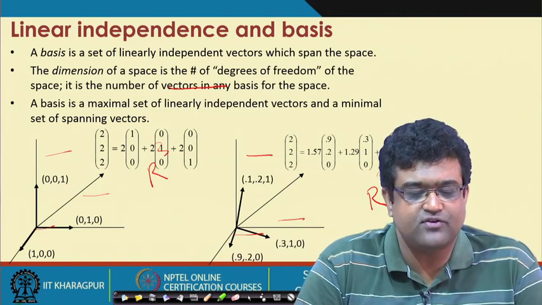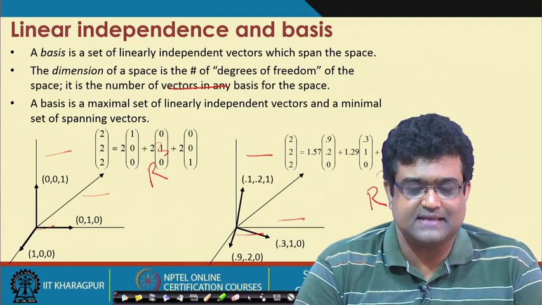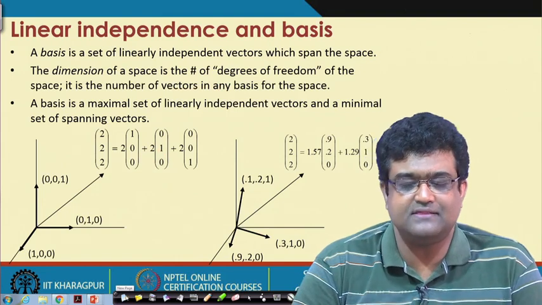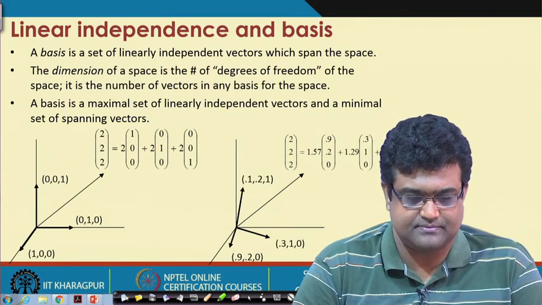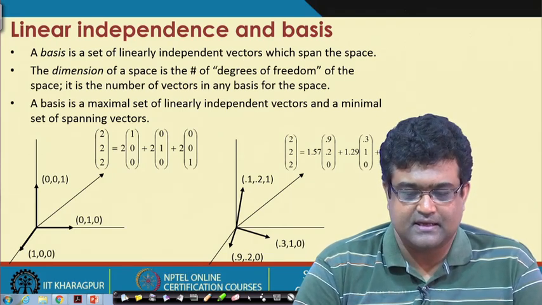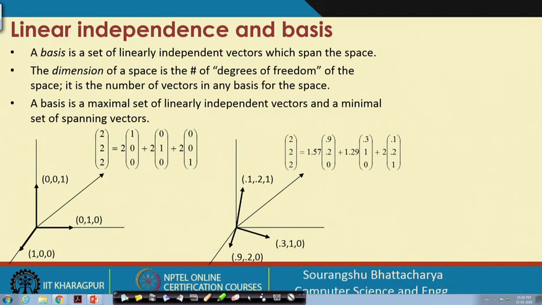A basis of a vector space is a set of linearly independent vectors which span the vector space. The dimension of a vector space is the number of degrees of freedom of a vector space, or it is the maximal set of linearly independent vectors which can generate the vector space, or alternately it is the minimal set of spanning vectors of the vector space.